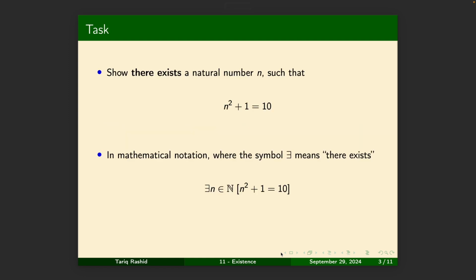So let's look at a simple example. The problem is: show there exists, and that's always the key phrase, there exists, a natural number n such that, so that's the condition, n squared plus 1 is 10.